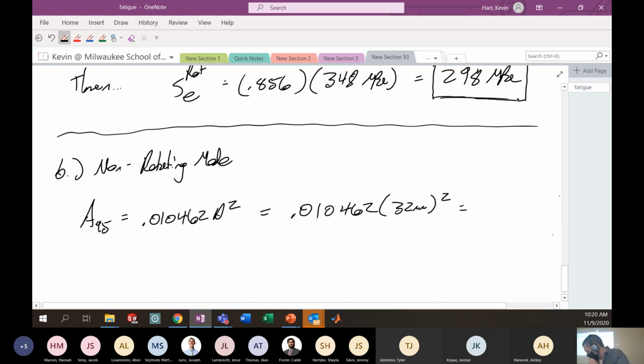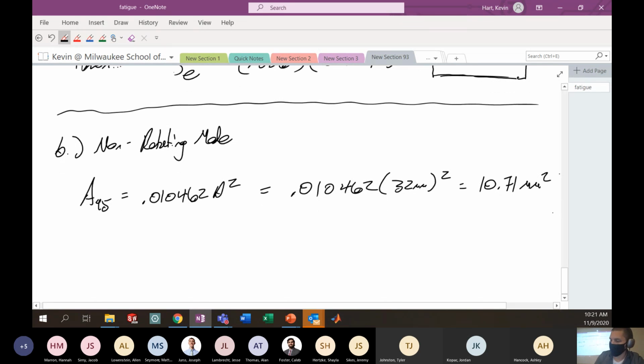So this A95 variable here, in this case, is 10.71 millimeters squared. All right. This feeds into the effective diameter calculation, which we've already seen.